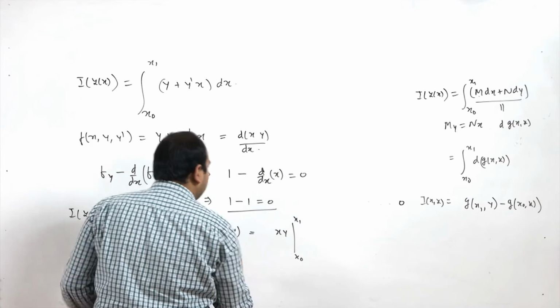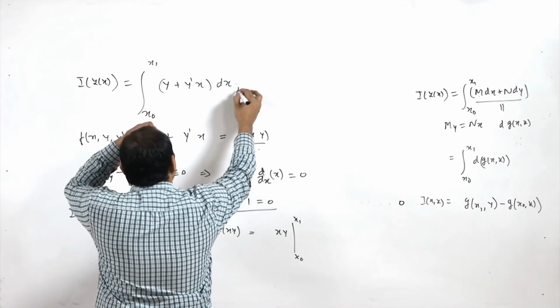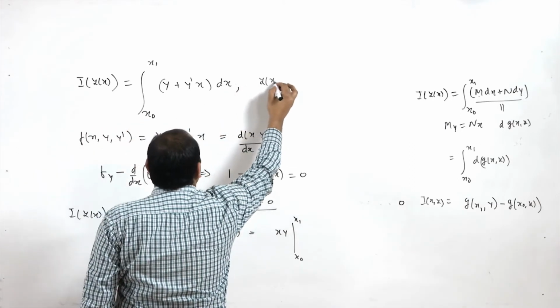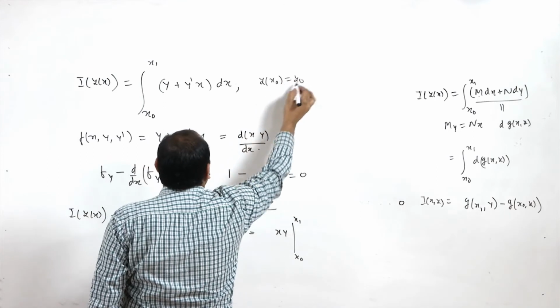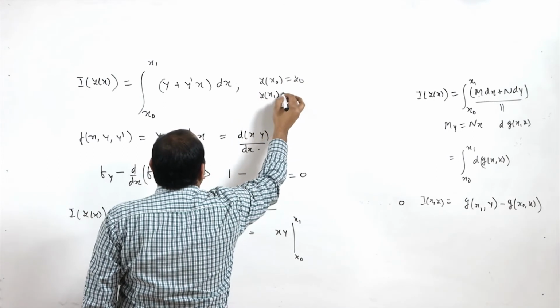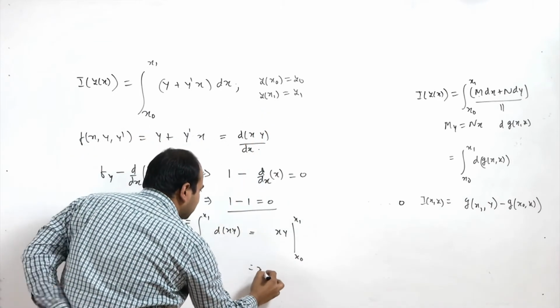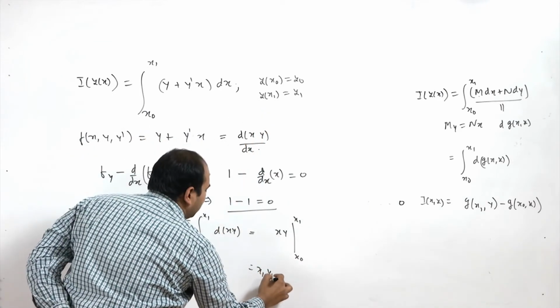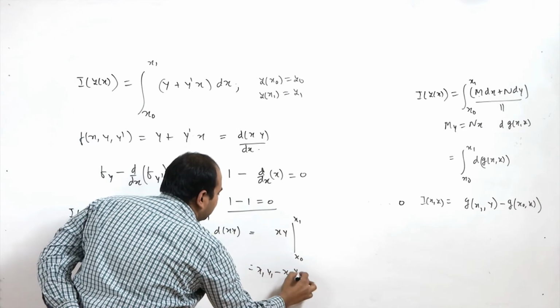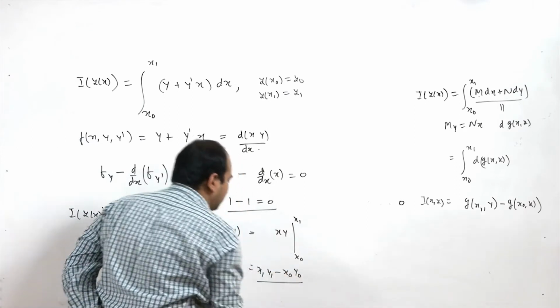And here please remember, the condition is also given that y of x naught is equal to y naught and y of x1 is equal to y1. So using this boundary condition, this can be written as x1 y1 minus x naught y naught. So it means that this is just a constant value.